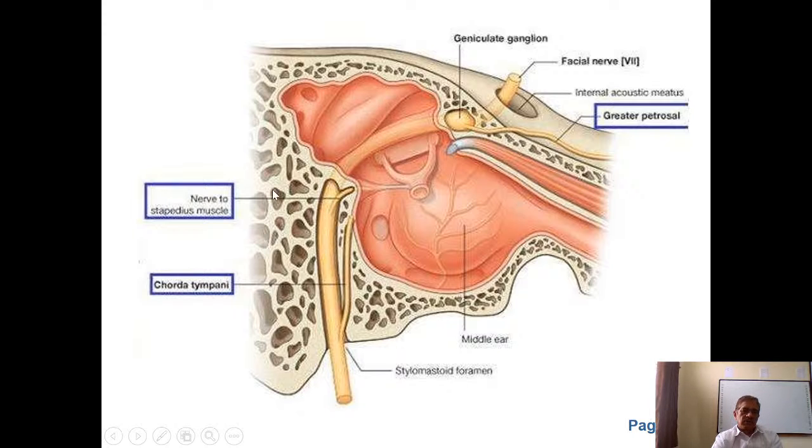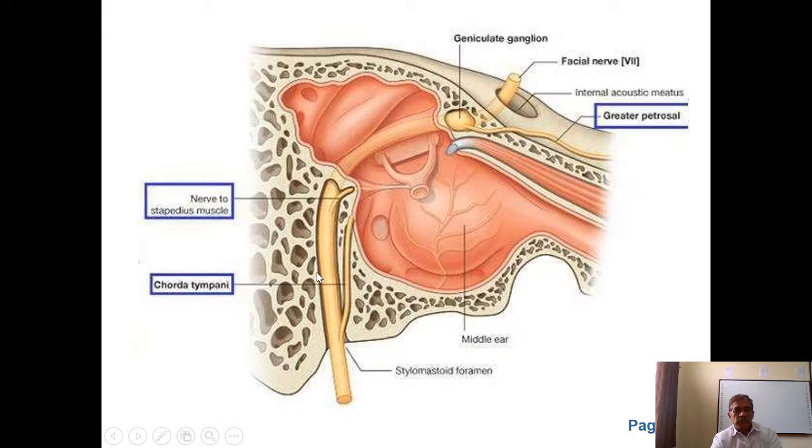This is called the mastoid. The posterior wall of the middle ear cavity is otherwise called the mastoid cavity. So in the mastoid segment, the facial nerve becomes vertical and comes down, and then ultimately at the stylomastoid foramen, it comes out through the temporal bone.